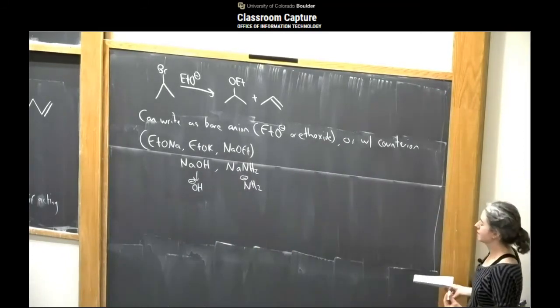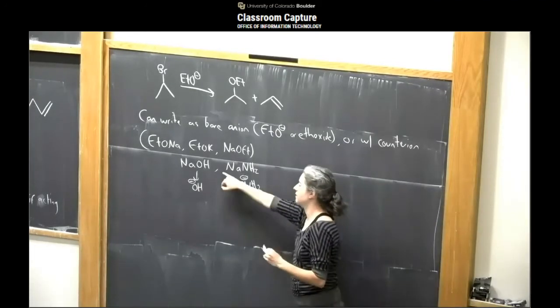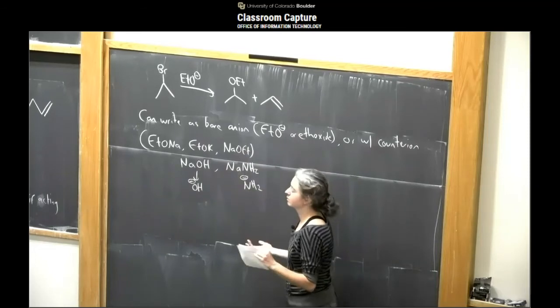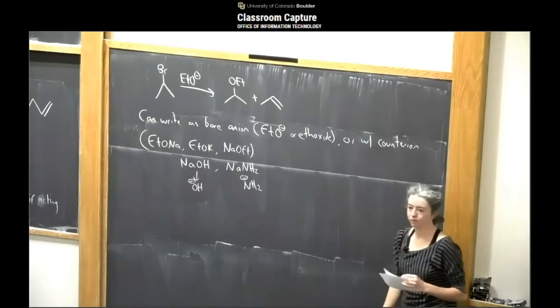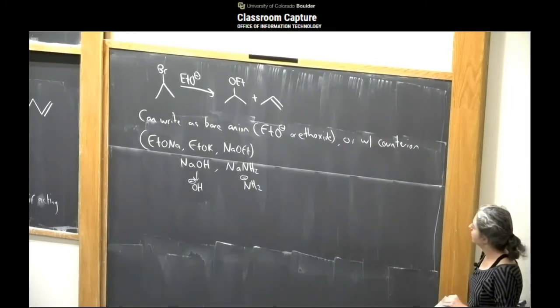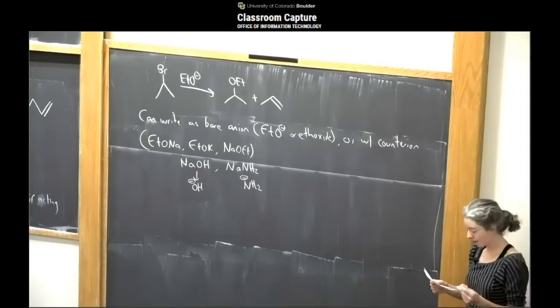I know if you remember about ionic compounds, you should already know that, but this is a common place where people don't think to check, and so it's easy to get tripped up before you've really even started looking at the reaction. Okay, questions about those? Okay, cool.